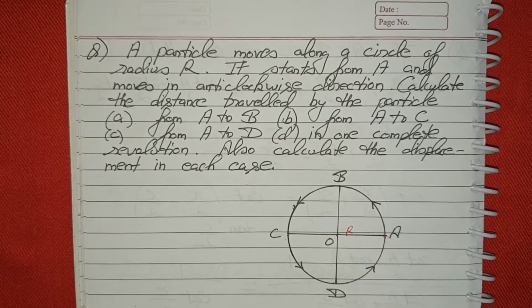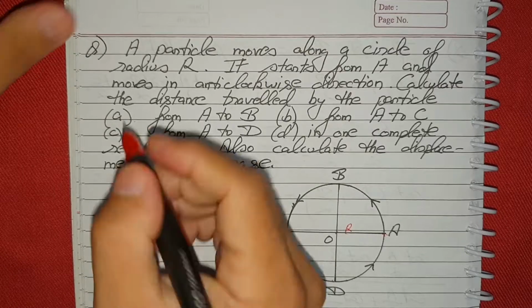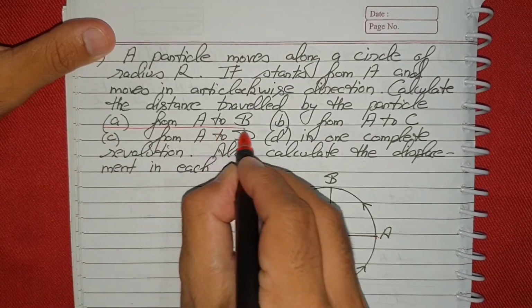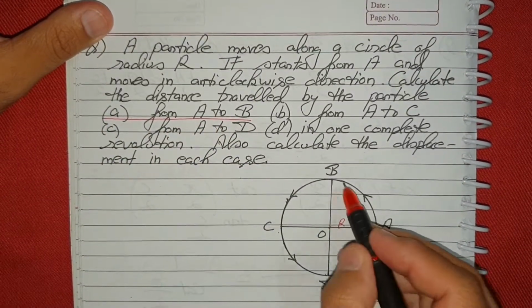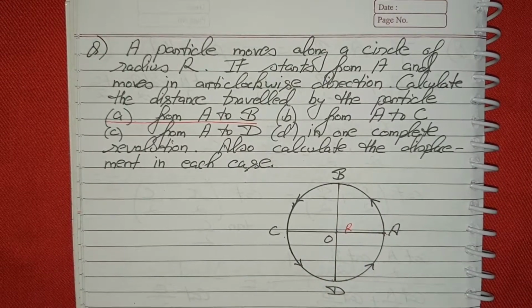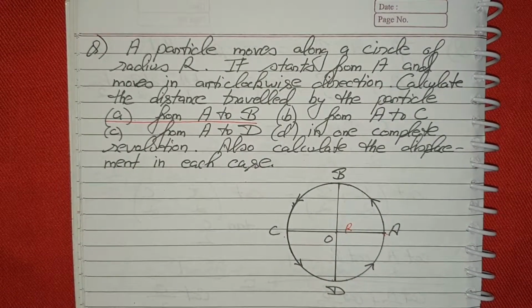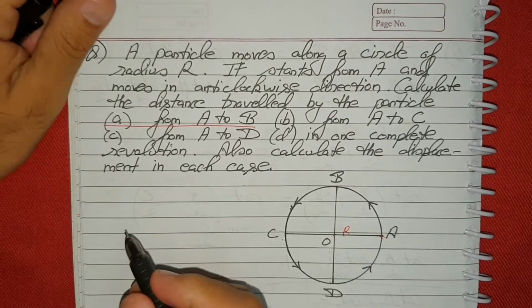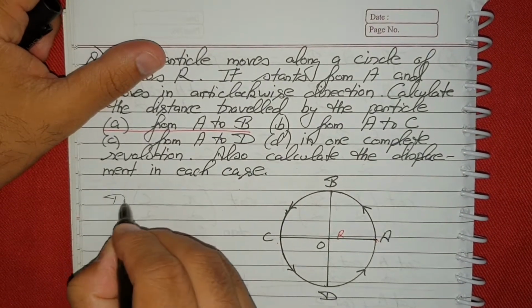Okay. So first of all the A part. Now the A part is from A to B, that is from here to here, means 1/4 of the rotation. Now see, distance travelled by the particle.